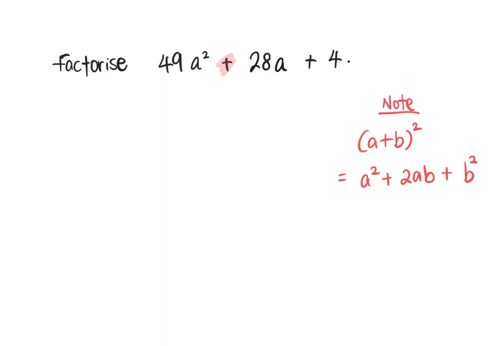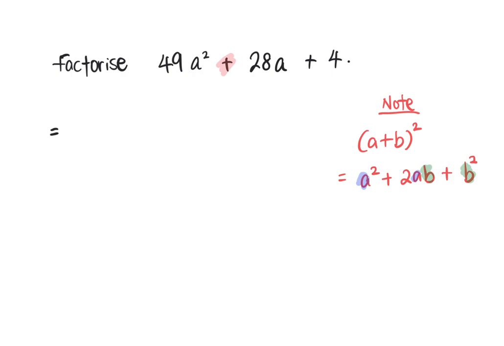Okay? And so, for this particular question, you will then see Mr. Tan thinking about what could be a good substitute for a and what could be a good substitute for b.